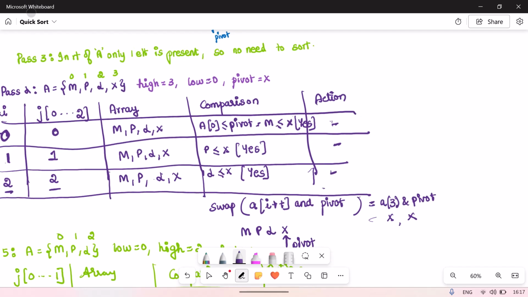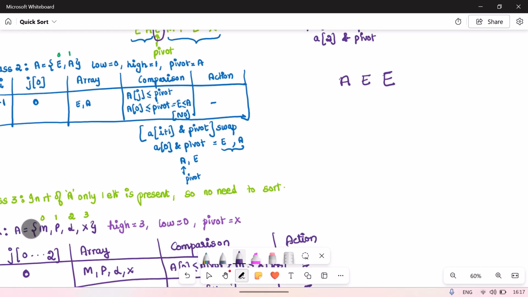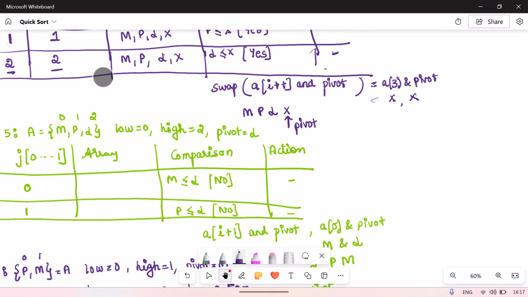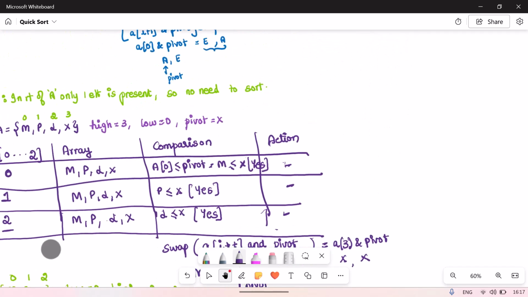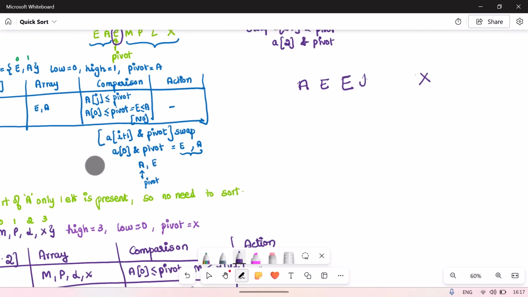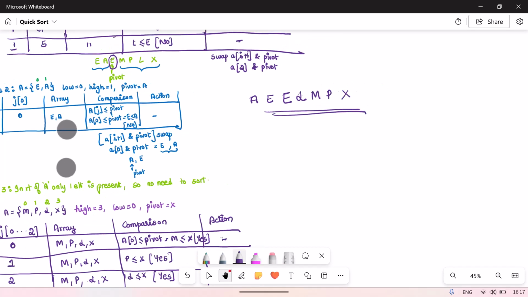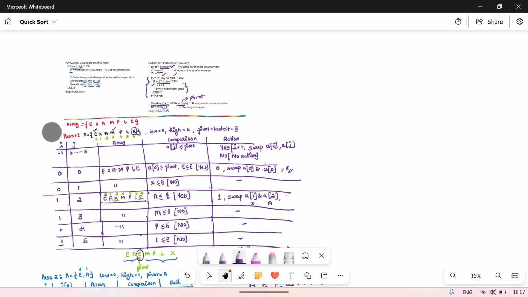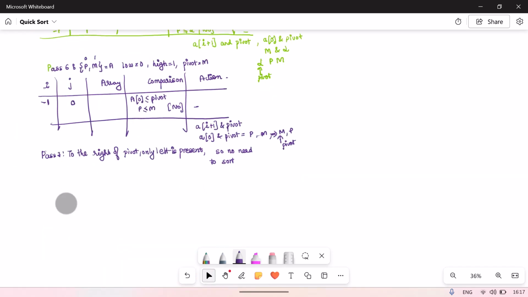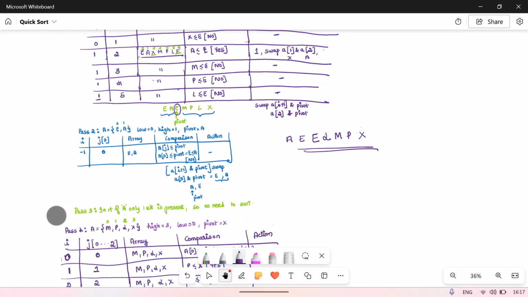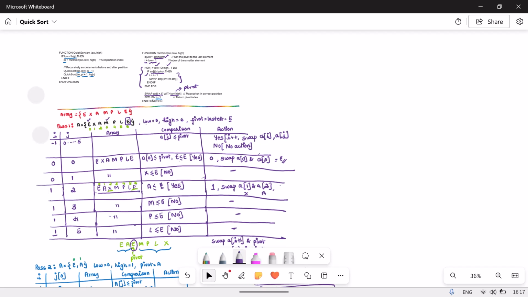In that we got MPLX only. So X was at the last. Pivot will give you the position, right? Then pivot was L. So that came here. Then M came. Then P. See, steps are more, but very easy to solve this way. So there won't be any confusion while doing any examples.